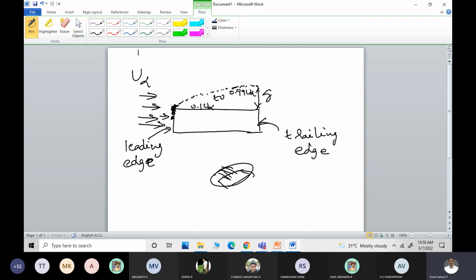At the boundary it will be 0.99 times u infinity, above which the velocity of the fluid particles will be equivalent to u infinity. So within the boundary, it varies from 0.1 times u infinity to 0.99 times u infinity. That imaginary layer is said to be the boundary layer, and this is said to be the velocity boundary layer, which purely depends upon the velocity of the fluid.